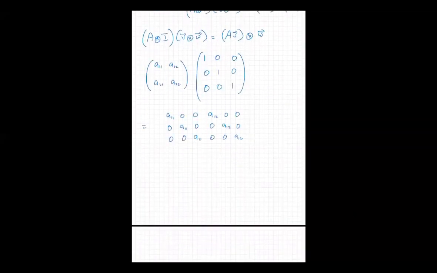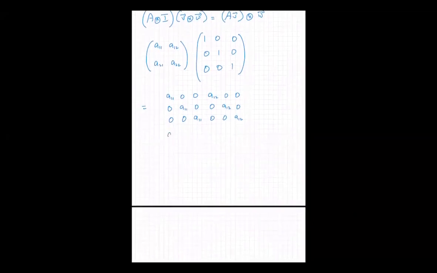The third one would be similar, because it's a unit matrix, the multiplication is very easy. The fourth one is A22, 0, 0. So this is the direct product of A times I.